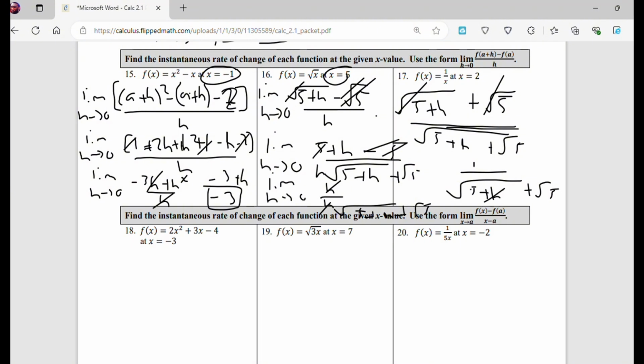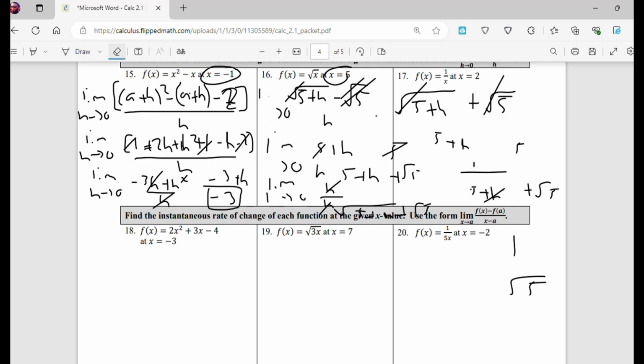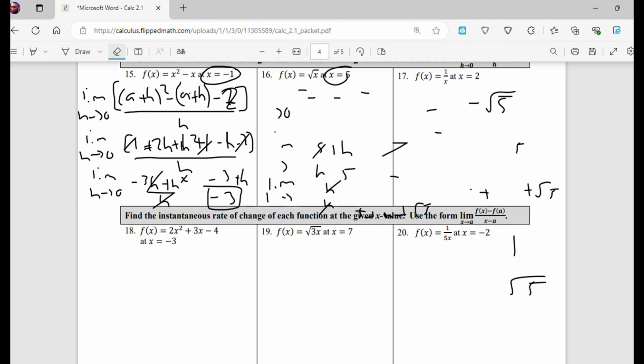H is 0, and then ultimately you get 1 over 2 square root of 5. Again, I apologize. I am trying to navigate through this. It's my first time doing this. This pen, this computer is like weird. So anyway, I'll be right back.